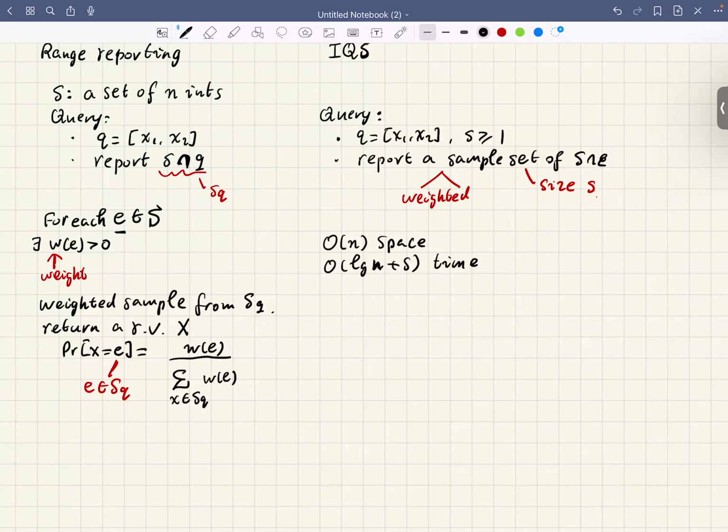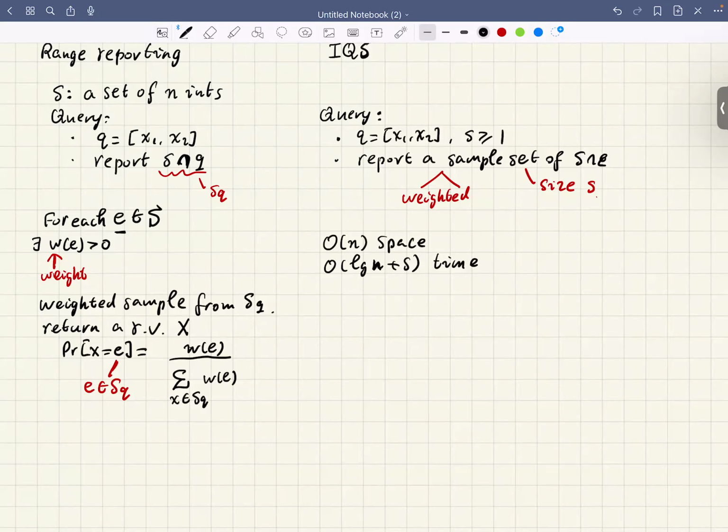So let's calculate the time more carefully. You use a binary search tree, and then you can get SQ in log n plus k time. That's the first step. Then I have SQ, and I build the alias structure on SQ, which takes another k time.